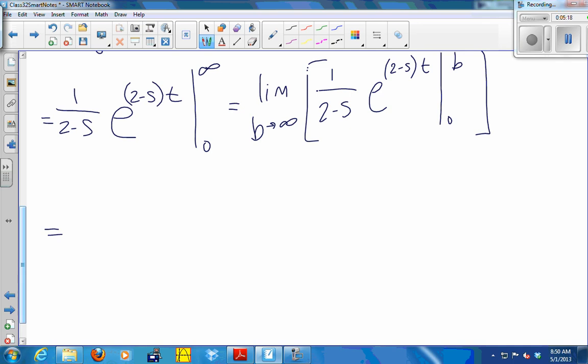Then we plug in the b and we plug in the 0, carrying this limit along. When you're comfortable, you don't have to write down every single step, but to review, I'm just going to do everything out. Limit as b goes to infinity. The 1 over 2 minus s is a constant, so I can pull that right out of the limit.